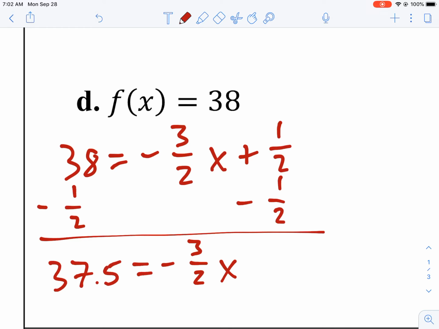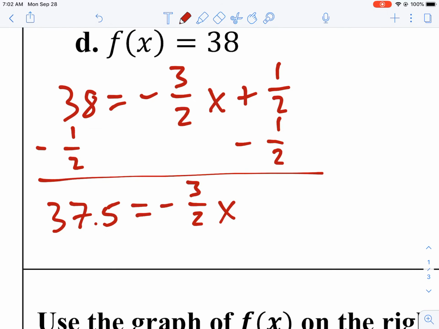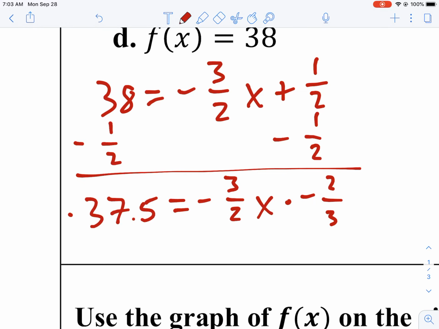Now we can solve this a couple of different ways from here. One way to solve it would just be multiplying by the reciprocal, which would be negative 2 over 3. So if we do that, sorry, I'm trying to type this into my calculator, times 2 divided by 3.